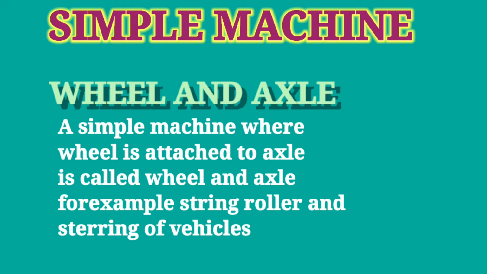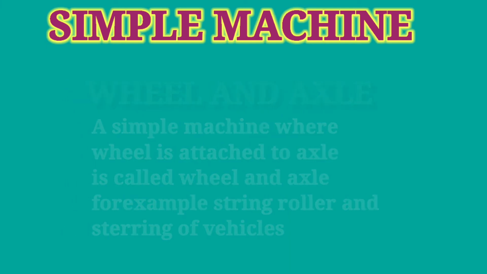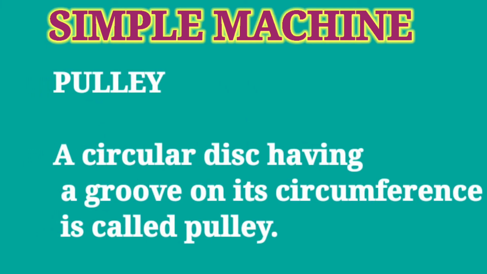Now the third type of simple machine is the pulley. A pulley is a circular disc having a groove on its circumference.